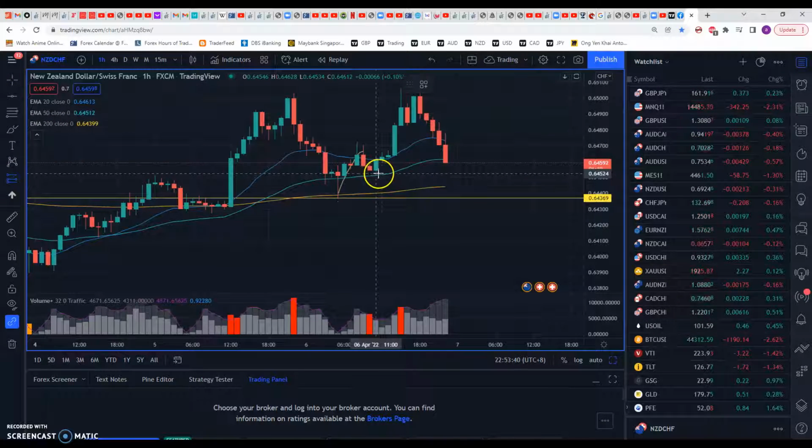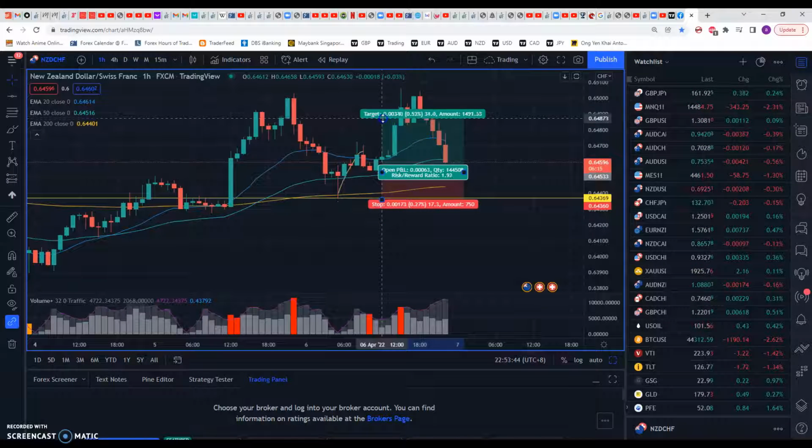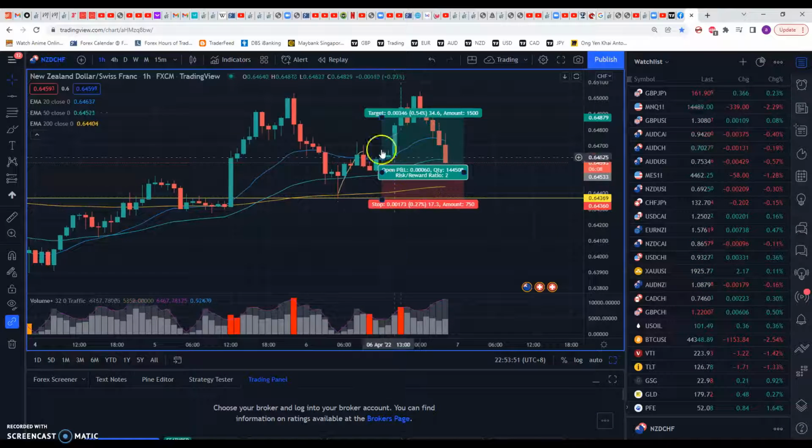So maybe if ideal scenario, but this is in hindsight lah. So we can get a somewhat 2R trade over here because we are able to identify this level.